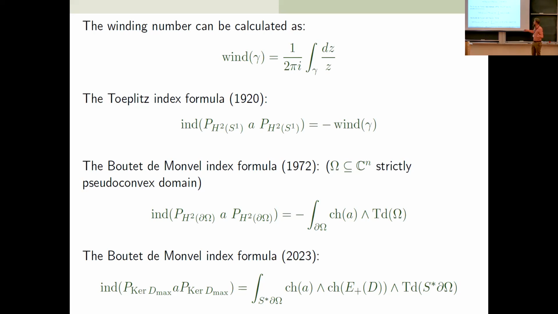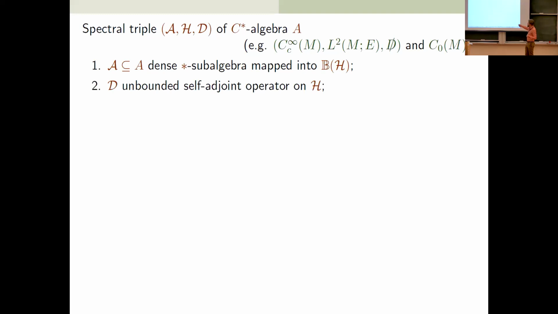So let's just talk a bit about spectral triples. For this algebra A, I will do very geometric things with continuous functions almost always. First we have our dense subalgebra, which is smooth functions with compact support. Then we have an unbounded self-adjoint operator, which will be some sort of first order operator.